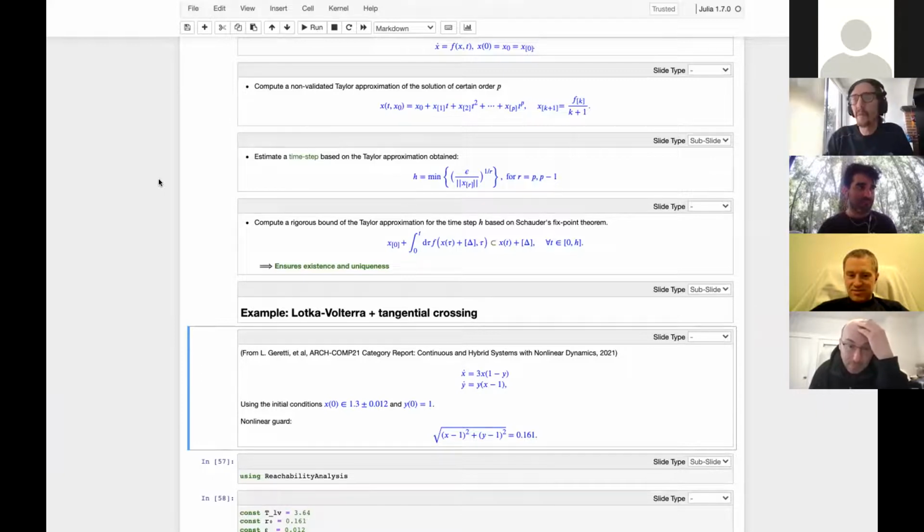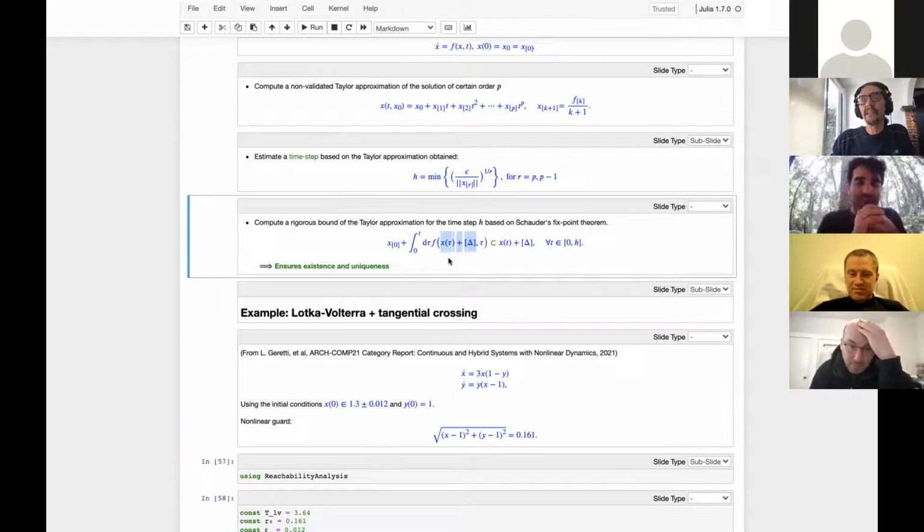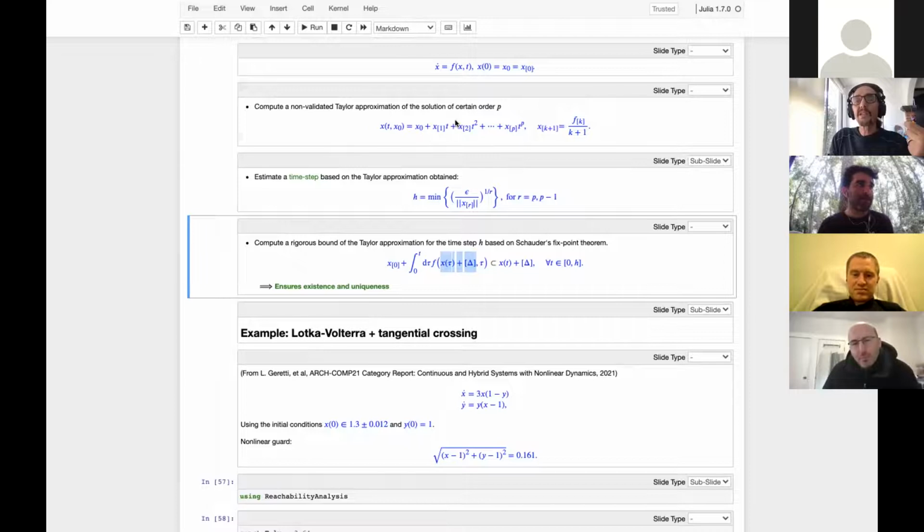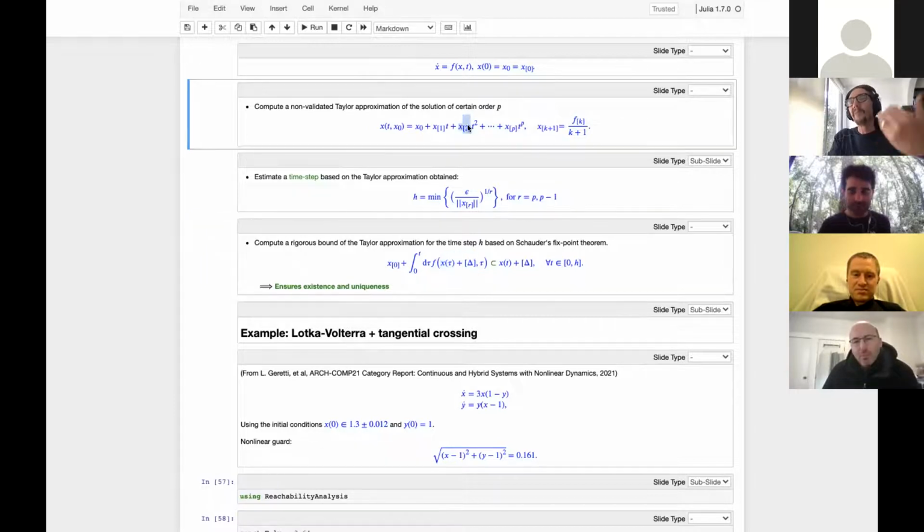the contraction property. Now, the contraction property involves directly Taylor models. So you have to deal with evaluating this function on the Taylor models. The Taylor models that we are trying to produce are Taylor models in one variable, the time variable, the independent variable t here, but also all the coefficients are Taylor models on the initial conditions, or on the initial box, or whatever parameters you have.